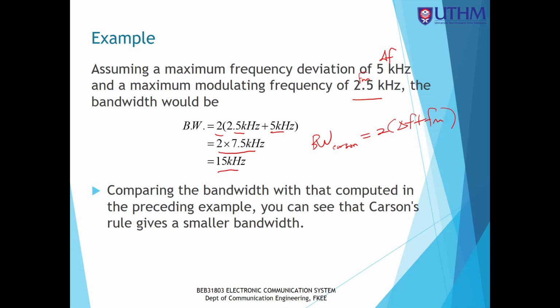From this example we can actually calculate the beta. Beta f is equal to k delta f over fm, which is 5k divided by 2.5k, so it is equal to 2. This is similar to the previous example.